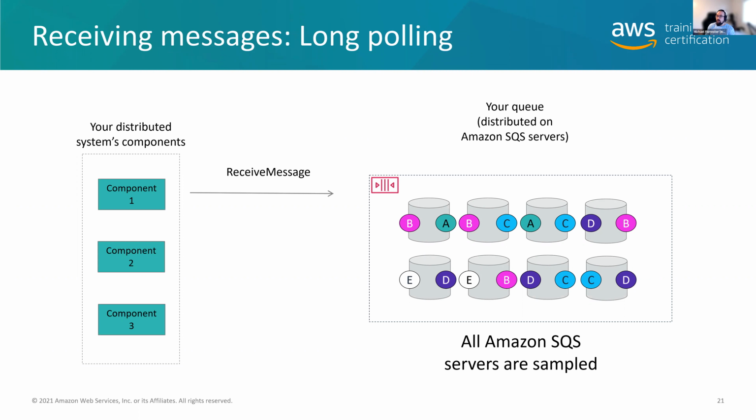So, just know that when you do a receive message, a create queue, or a set queue attributes, you can set the default to long polling if you want to. With receive message, by the way, you have to configure what's called the wait time seconds parameter.